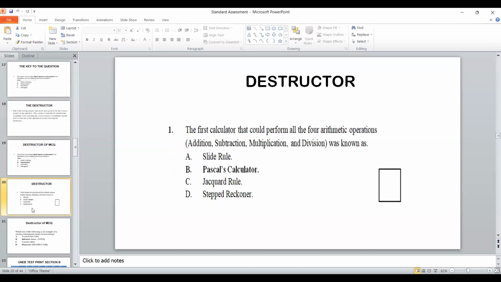But when I set this question, many of the learners are going to pick Pascal's calculator. The correct answer is the Stepped Reckoner. So a distractor must always be there. And this is also another chance of how you can try to guide your learners, because this is how the questions are set. And they must bring out what I'm trying to explain.